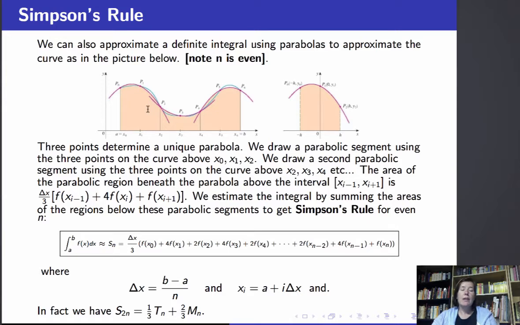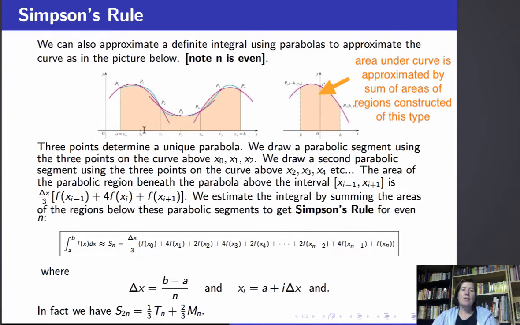Now our approximation to the integral from a to b of f of x dx, which is the area under the curve in this case, is equal to the sum of the areas of the regions beneath these parabolas and above the x-axis.